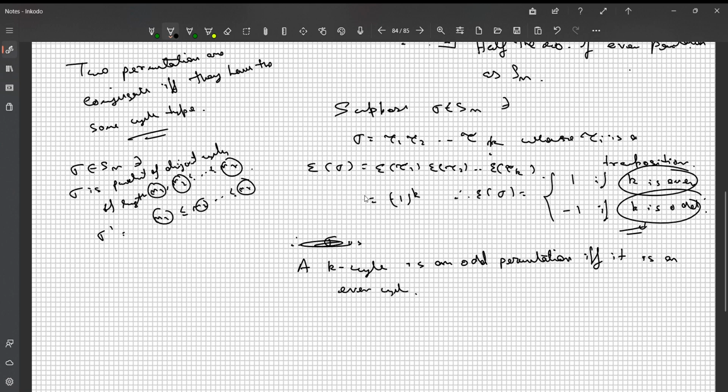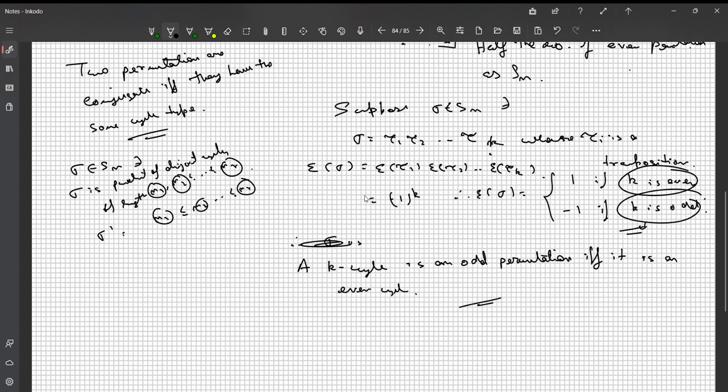Let me just go by the definition. It is an odd permutation if it's an even cycle, because then epsilon becomes minus 1. Is it clear? Got it?